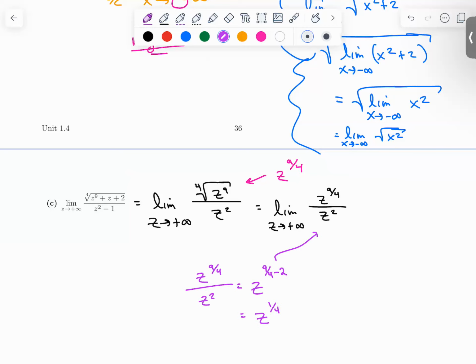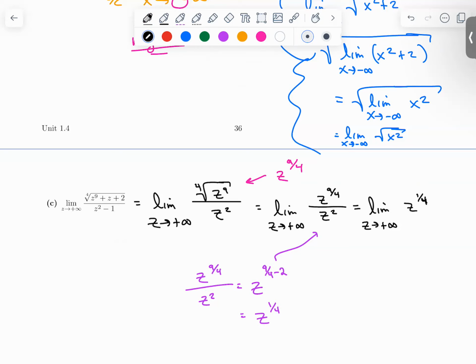It's okay if there are. That's the algebra going on here. So when you have same base, in this case z raised to 2 different powers, and you're dividing them, you take the difference of the numerator minus the denominator. The exponent of the numerator minus the exponent of the denominator. 1/4. So this is equal to the limit as z approaches positive infinity of z to the 1/4.